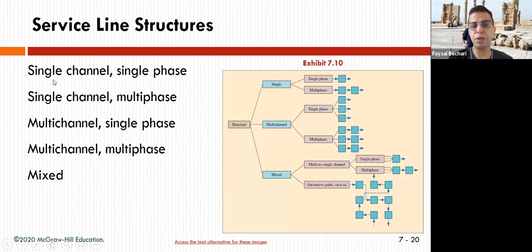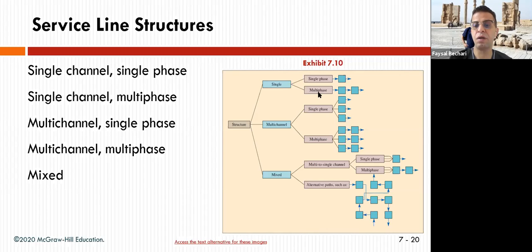So we said there is the channel itself, the lineup structures. There is what you call a single channel and single phase, and this is what's happening now in any store or coffee shop, for example, with one cash machine.